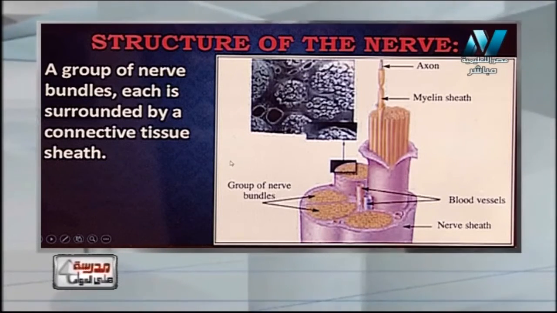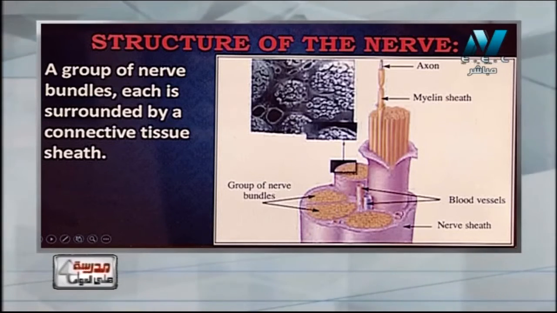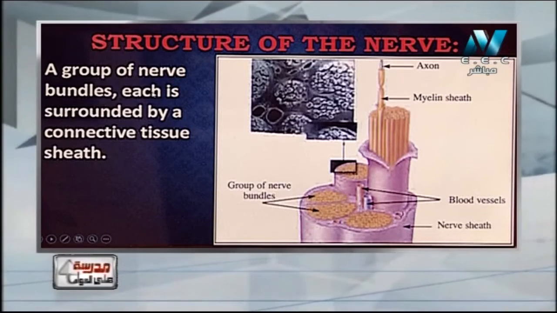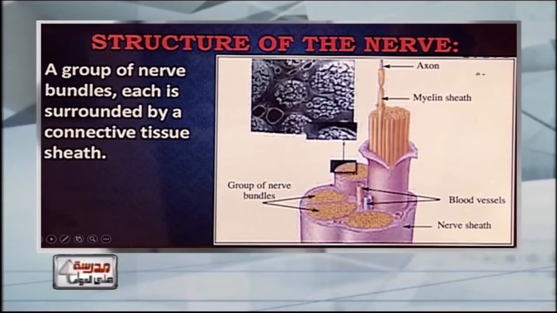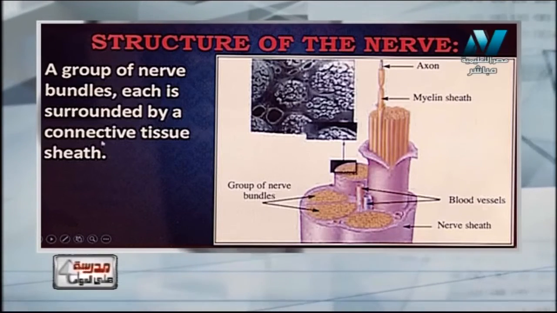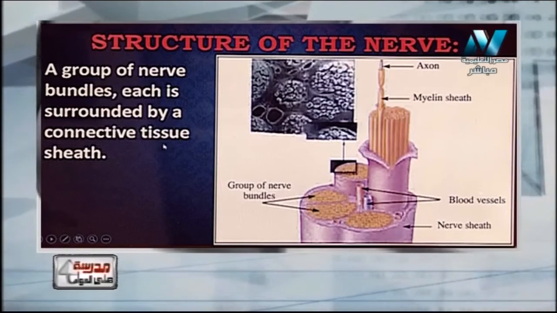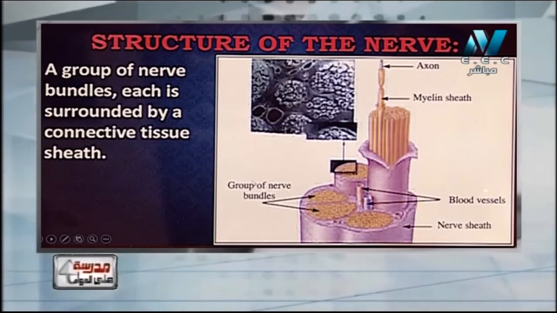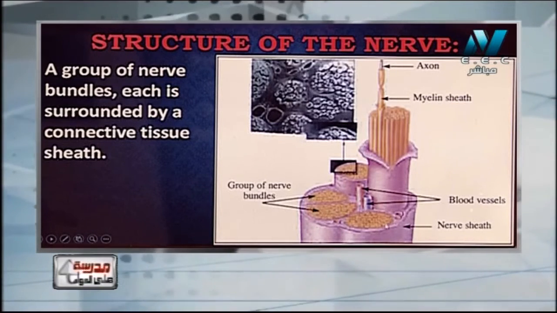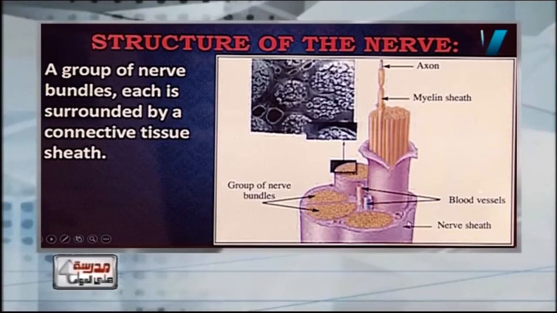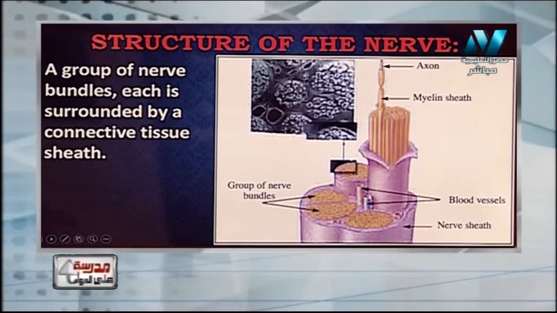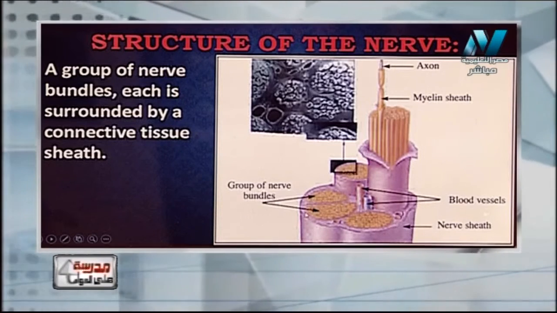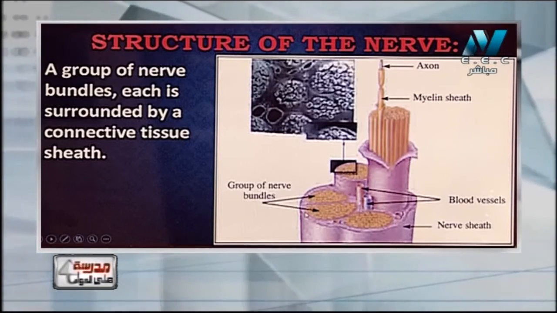Let's see the structure of the nerve. The nerve is a group of nerve bundles. Each is surrounded by a connective tissue from outside, which is the nerve sheath. And this sheath, as you see in this picture, bounds the nerve from outside.